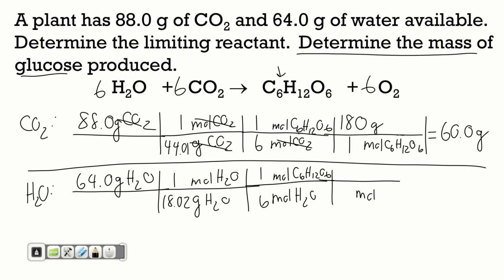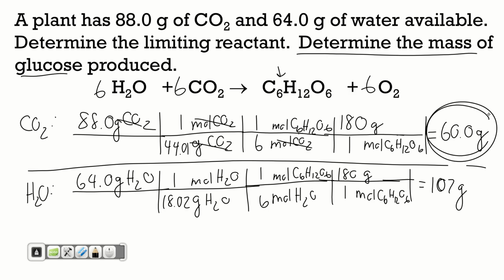And then I have moles of glucose to grams, 180 for 1 mole. Let's see what I get here, 64 times 180 divided by 18.02 divided by 6. If all this water reacts, I'll get 107 grams of glucose. So which one is less? This. So I'm going to create 60 grams of glucose. This is my limiting reactant.